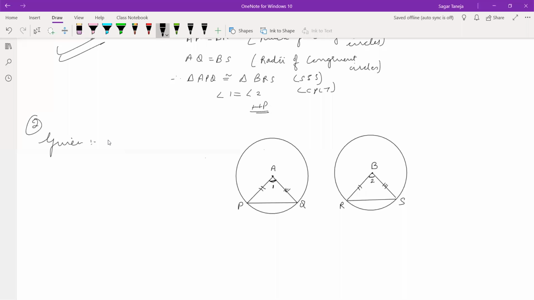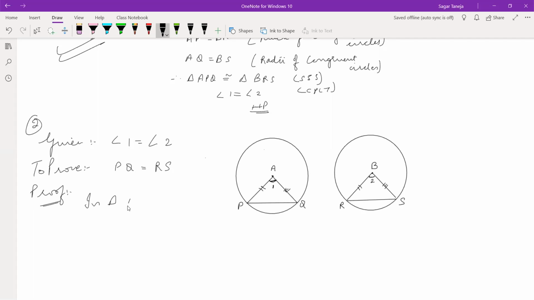Prove that if chords of congruent circles subtend equal angles at the center, it is already given that the angles are equal. Then we have to prove that the chords are equal. So PQ and RS we have to prove equal. And in the proof, take the two triangles and prove congruent. That's it.